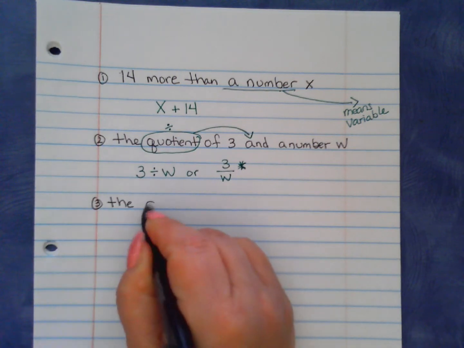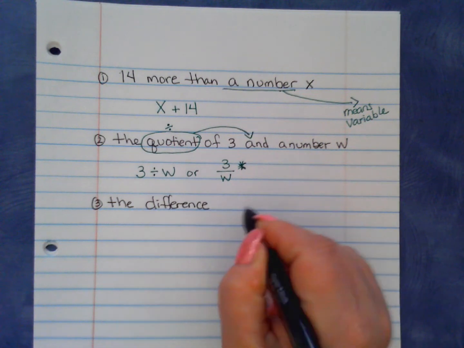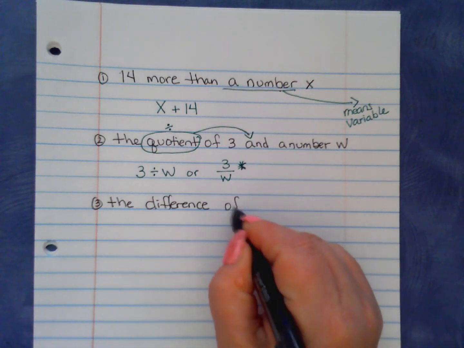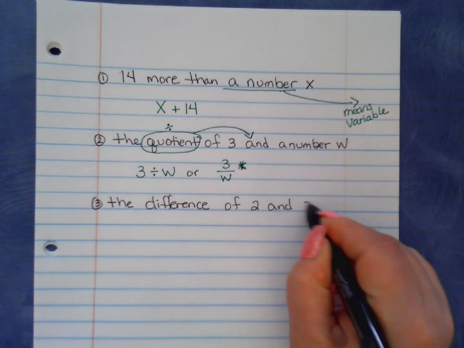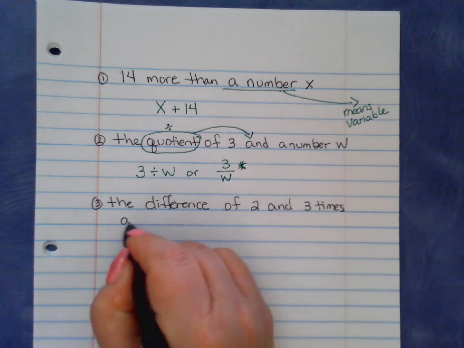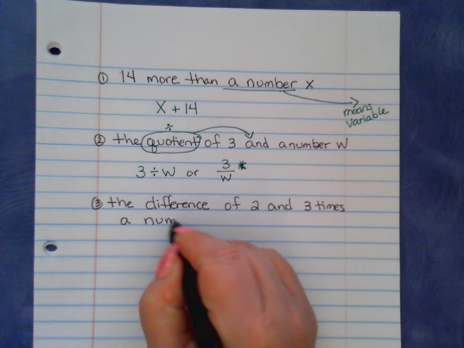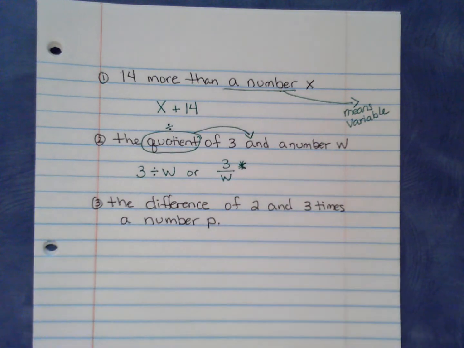The difference of 2 and 3 times a number P. All right, and also notice that my variables most often are lowercase letters.